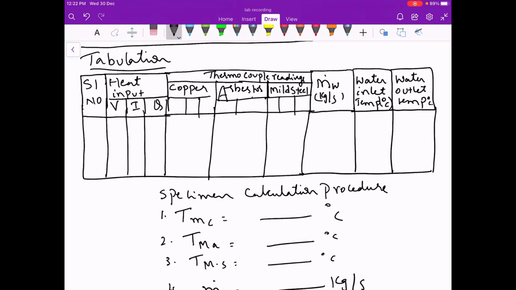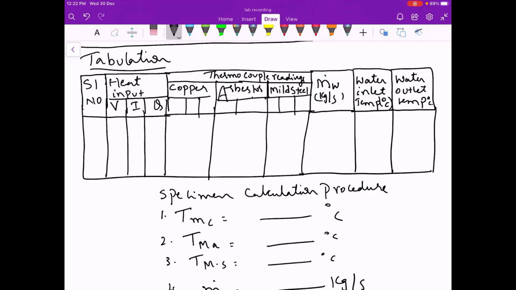As I told you, there are 3 thermocouples attached to the copper, 2 thermocouples for the asbestos, and 3 thermocouples for the mild steel. So please make sure whether the heater is attached to the copper or the mild steel. If the heater is attached to the copper, obviously the temperature of the copper will be higher compared to mild steel, correct, because it will be nearer to the heater, so obviously the temperature should be more. So please try to calculate.